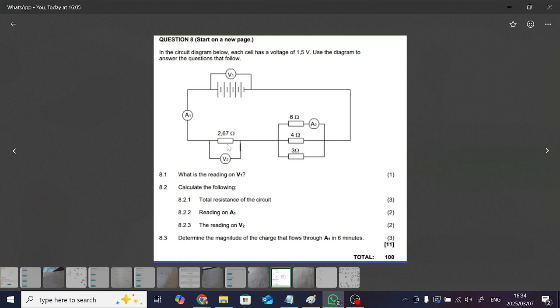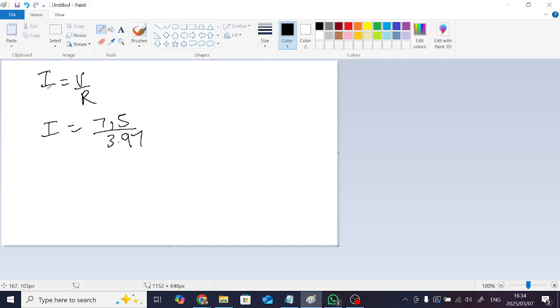So we found out what is the current flowing through the system. This was 8.2.2, and now 8.2.3. Again, we use the formula I is equal to V over R, and we calculated this.